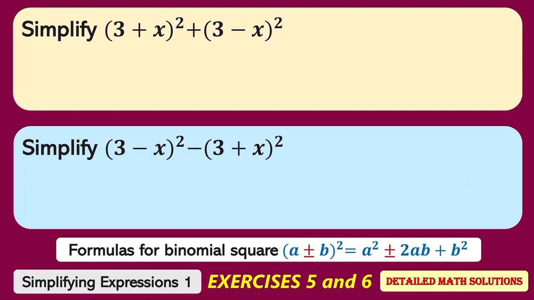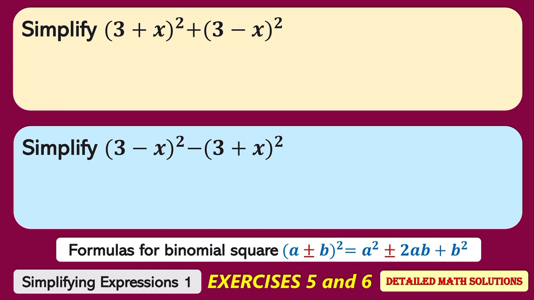Next, I'm going to follow these 3 steps to simplify each expression. So in the first expression, 3 plus x in parentheses squared plus 3 minus x in parentheses squared, the 3 corresponds to the a in the formula, and the x corresponds to the b in the formula.